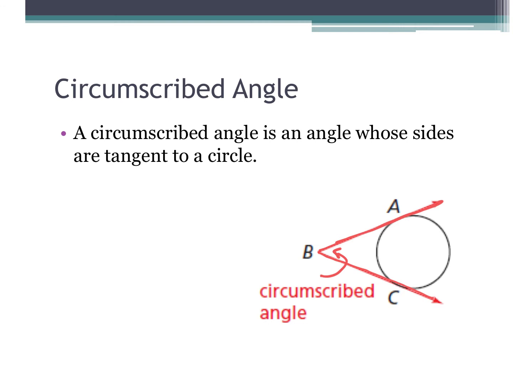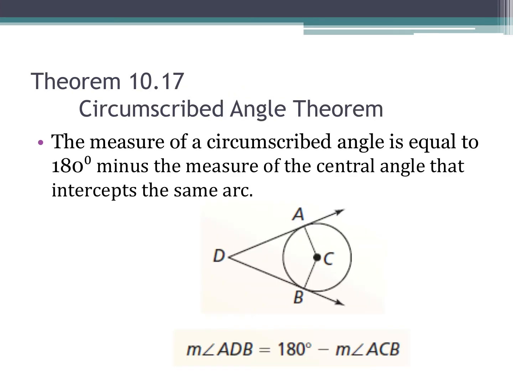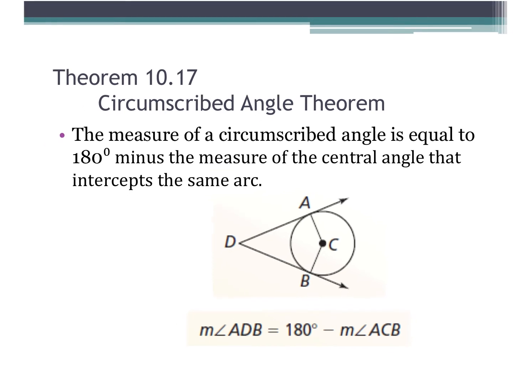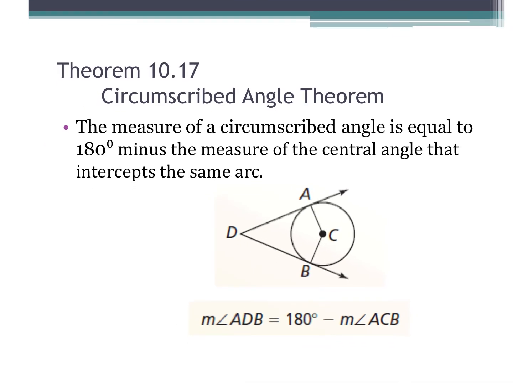And let's see what the circumscribed angle theorem states. The circumscribed angle theorem states that the measure of a circumscribed angle is equal to 180 minus the measure of the central angle that intercepts the same arc.